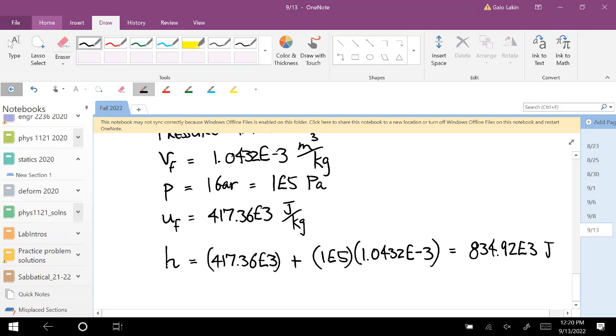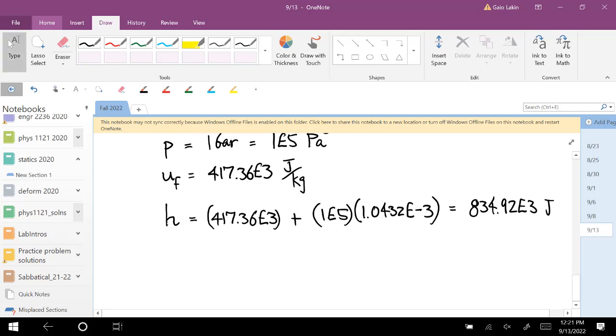So we were sort of acting like our table didn't have a column for enthalpy. I suppose it's possible you'd find some that didn't. But if you just look over at the right entry in the enthalpy column for intensive enthalpy, it would give you exactly this value because that's just a definitional thing.